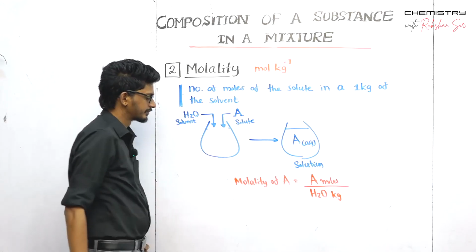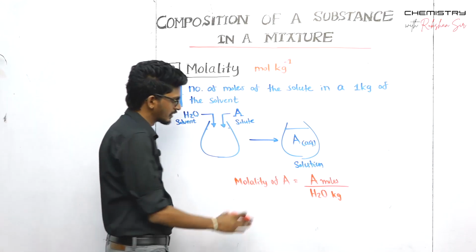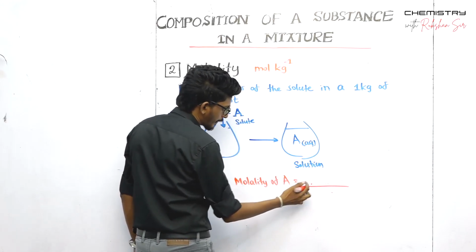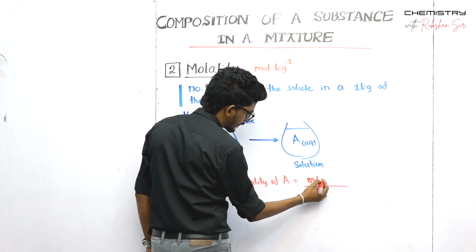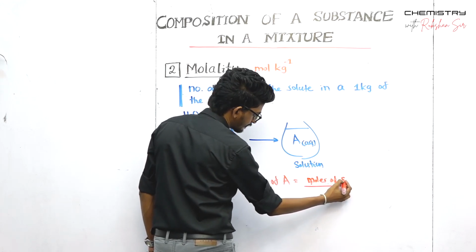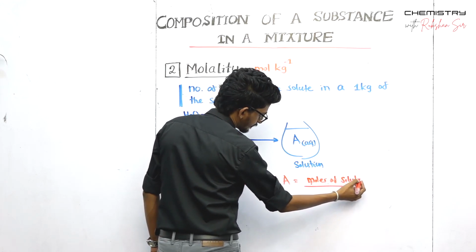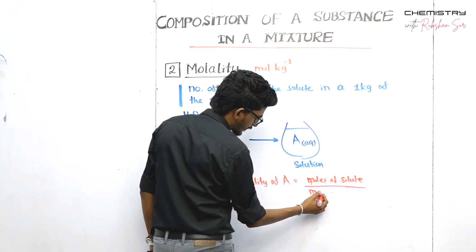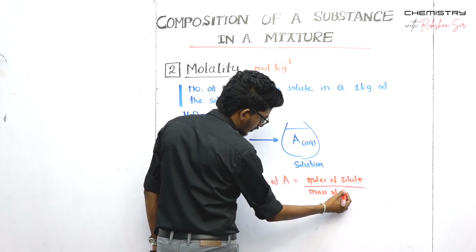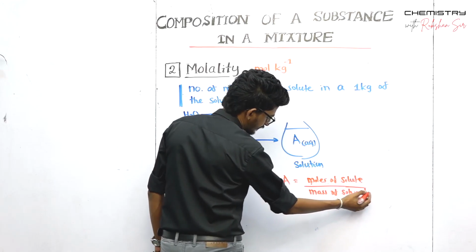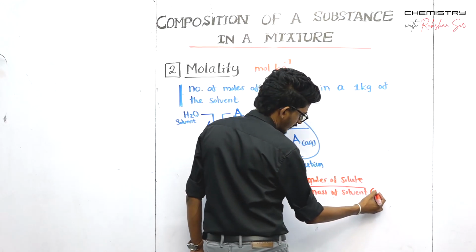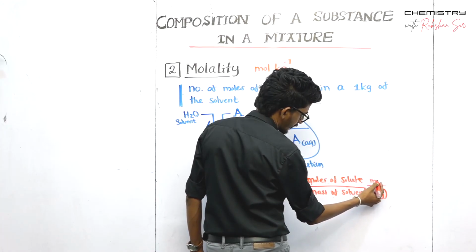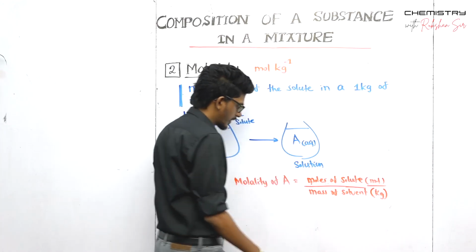So as a general expression, we can write, molality is moles of solute divided by mass of solvent. This is represented in kilograms, and this is in moles, right?